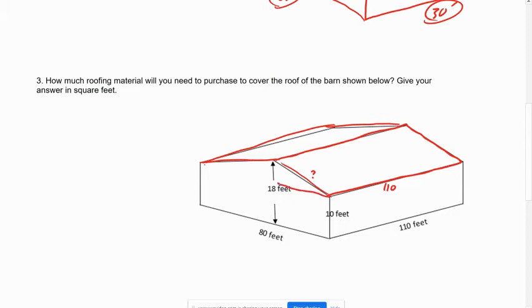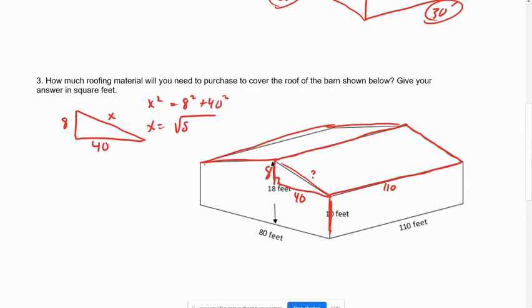If we draw a right triangle here, that would be 40 feet. And since this whole thing is 18 feet tall and this is 10 feet tall, this must be 8. So we have a right triangle that measures 8 by 40. And so if we use the Pythagorean theorem there to find x, we'd have x squared equals 8 squared plus 40 squared.